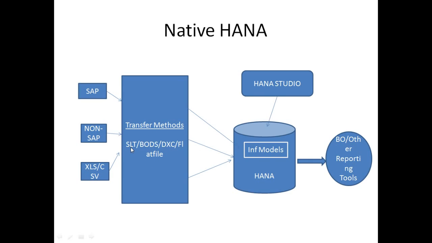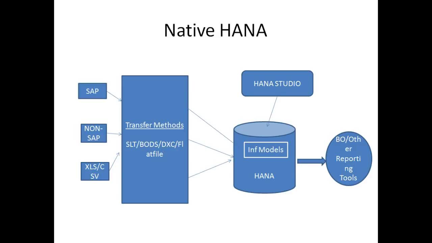SLT is nothing but the SAP Landscape Transformation. What it really does is table to table mapping. Whatever tables are in a database, it maps one to one into the HANA database. Then we have the Business Objects Data Services, which we use to transfer data as well.